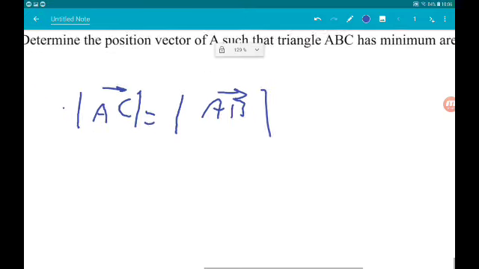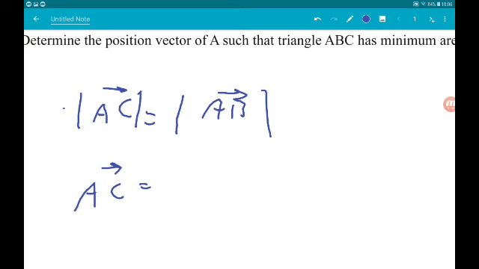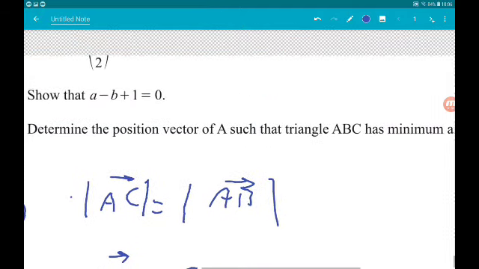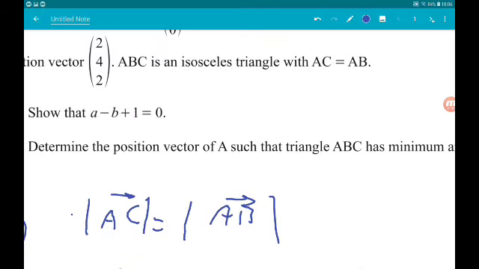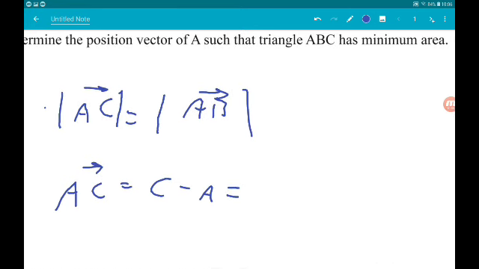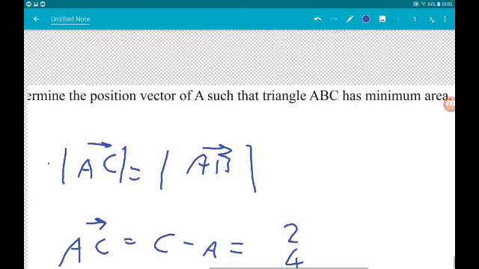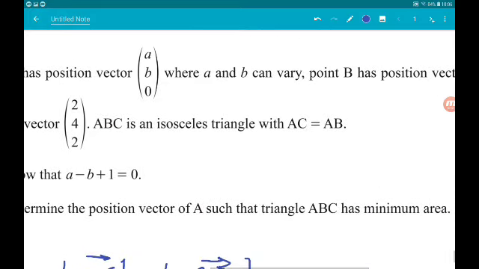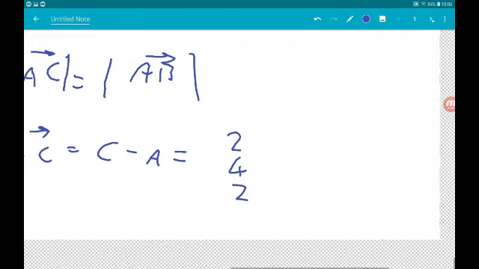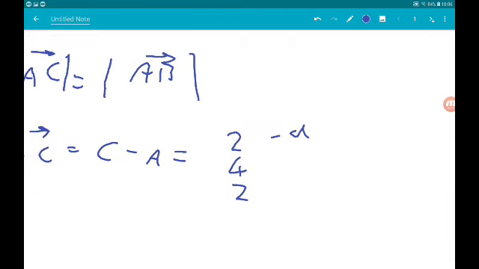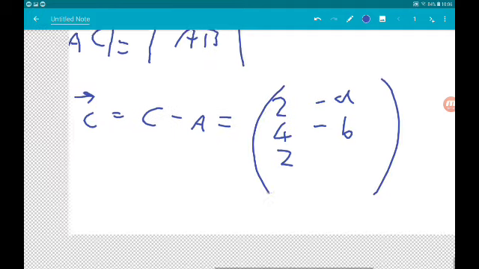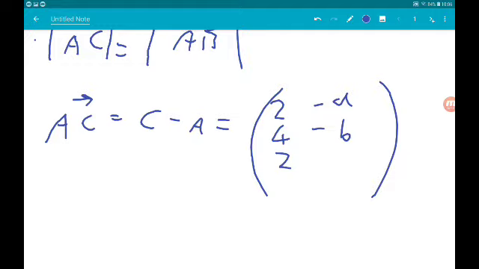So, AC is C minus A. So that is (2, 4, 2) minus (a, b, 0). So that's our vector AC.